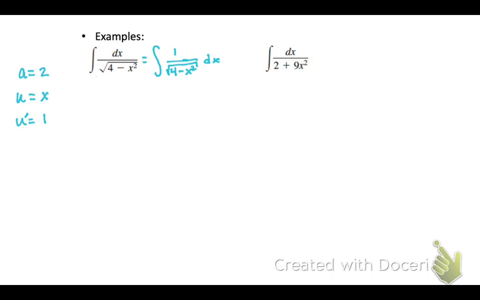So which one of those rules does this one fit? Arc sine. Okay, so we know it is the arc sine. Arc sine just bugs me to write. Arc sine of u over a, 2, plus c.